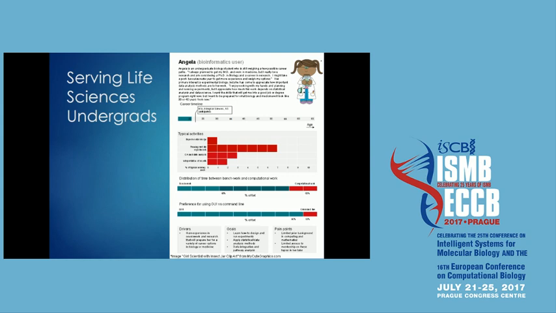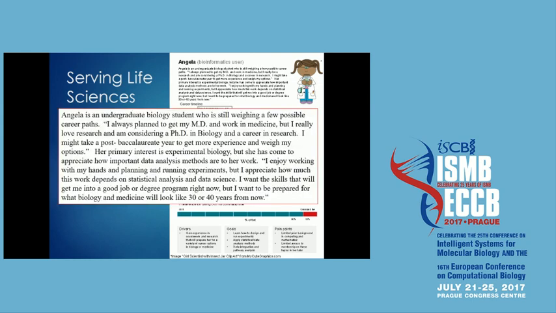And to help explain this, we created a new persona here. I'm calling this a bioinformatics user. This is one of the profiles where we debate whether it is a user or a scientist. But basically this is our new profile, Angela. Angela would be an undergraduate biology student, fairly typical of the cohort we get.